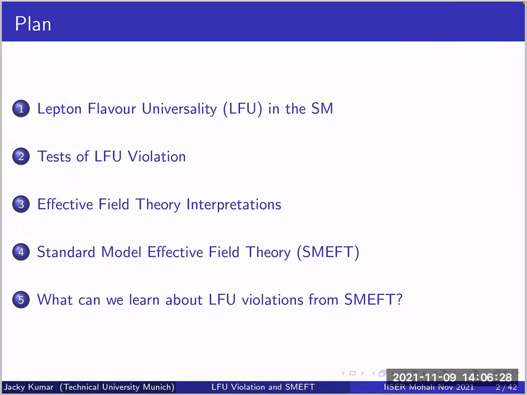As you know, we can test various features of the standard model or any other theory through observables, which we measure at the experiment, and then see if they agree with the model or not. So this is a way to test the symmetries or any other features of any theory.